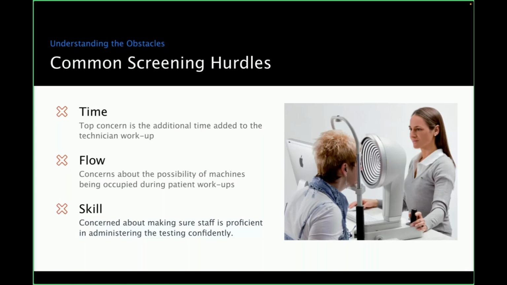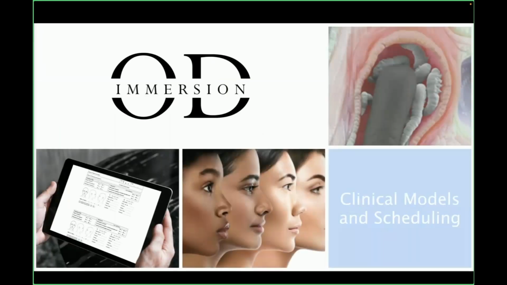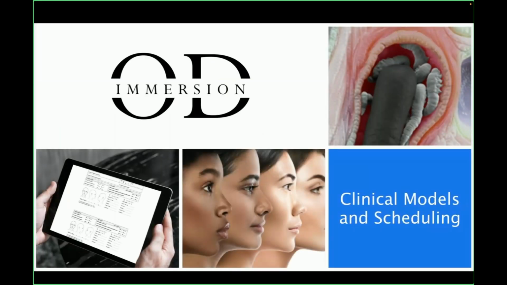So in our clinic, we have our staff as part of the workup, just like they do auto refraction, just like they do IOPs, they are getting meibography. And pulling down the lower lids is not complex. Patients accept it well. And so skill level with a little bit of training is really not a huge concern. But those are some of the common obstacles or feedback that we get from docs on doing that.